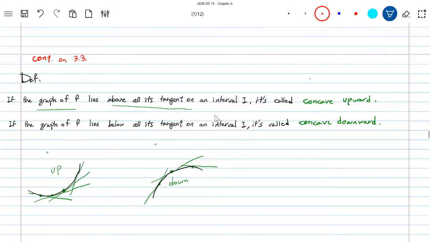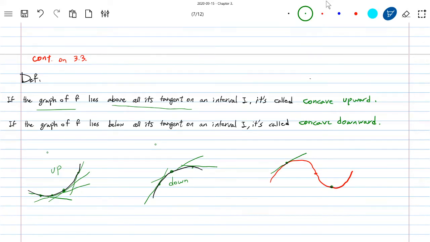One more definition that lies between these two. Let's say you have a curve that is concave down, and then it's connected at some point to a concave upward. Everywhere here, the tangent line is above the graph, or the graph is below the tangent line.